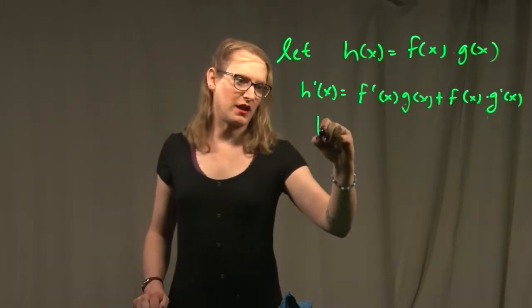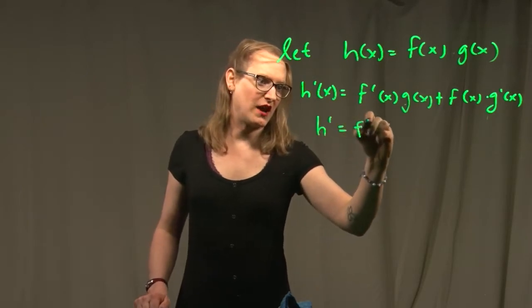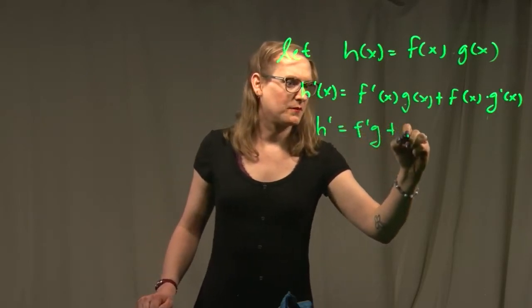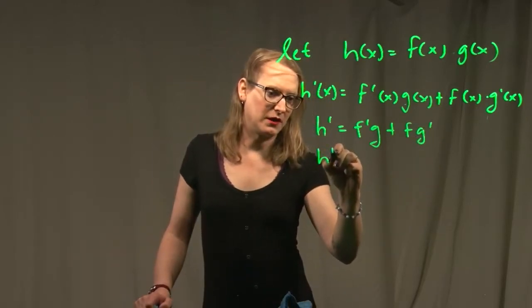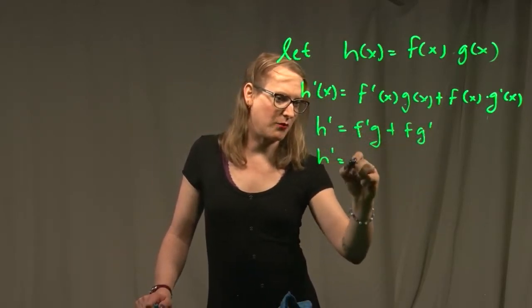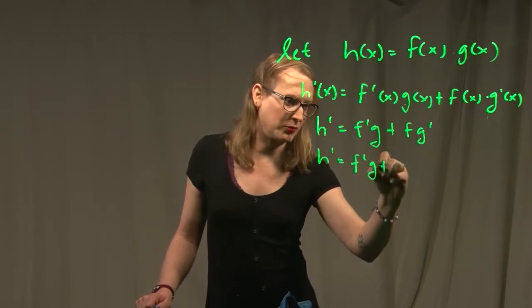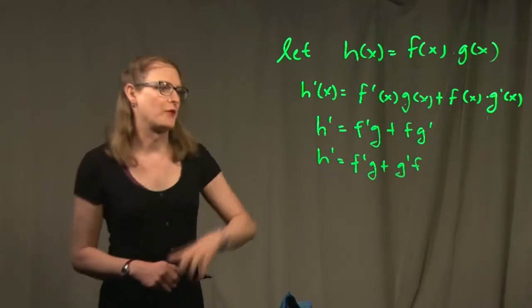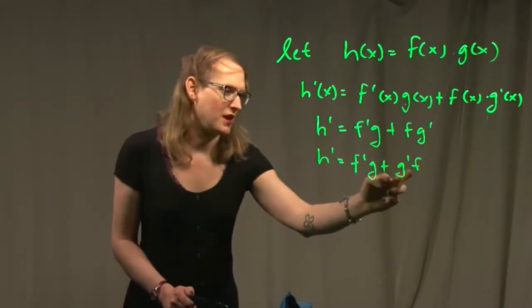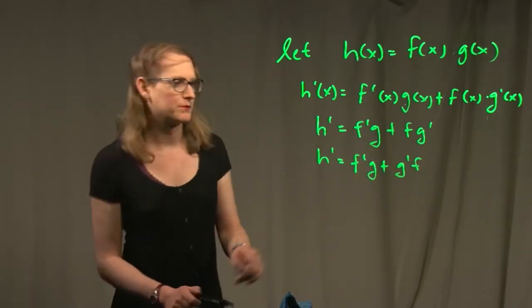So I'm just going to write h prime is equal to f prime g plus f g prime. Maybe the symmetry would work better for you as f g prime plus f prime g, because that way the prime stays stationary. And I just cycle through which one has the prime attached to it, right?